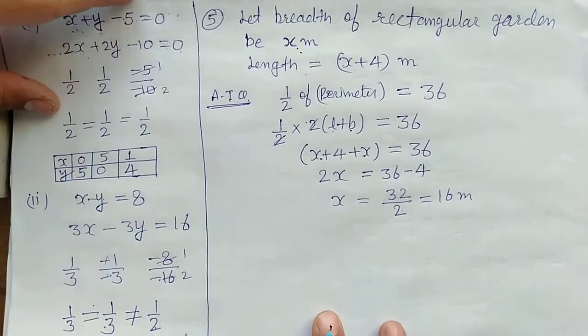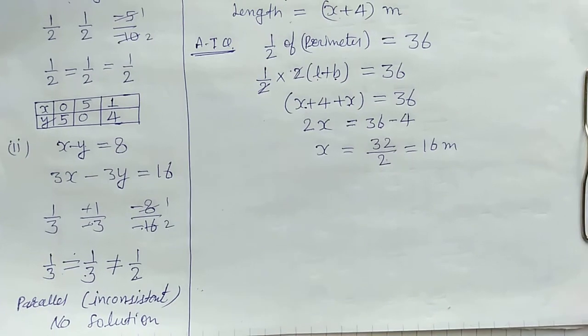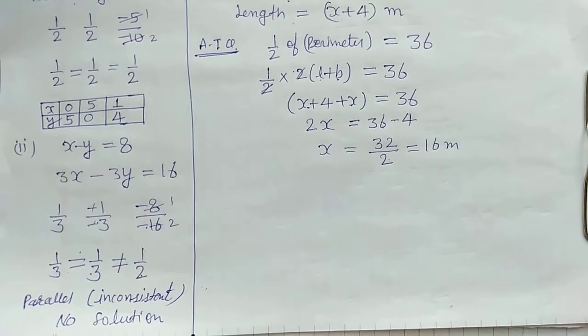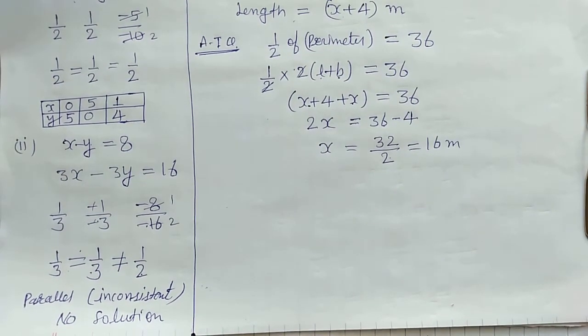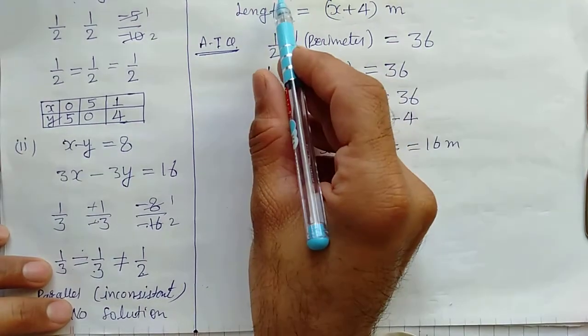Now see, this is the value of x, and what is x here? x is breadth.